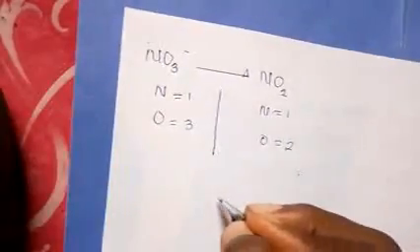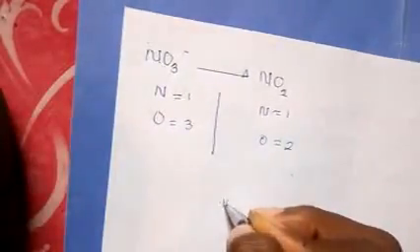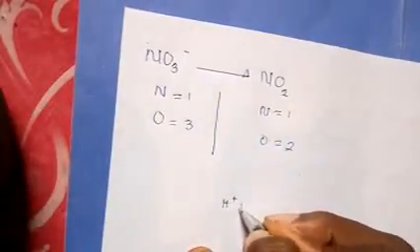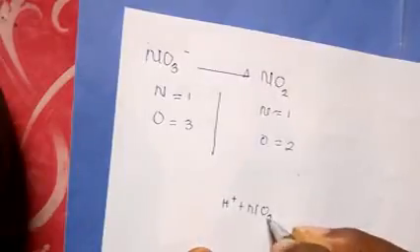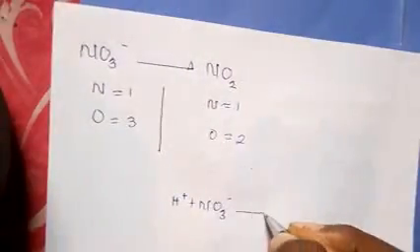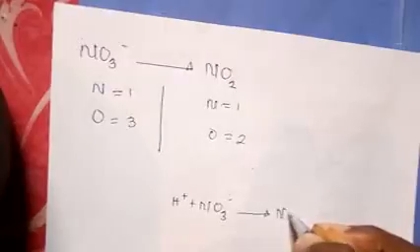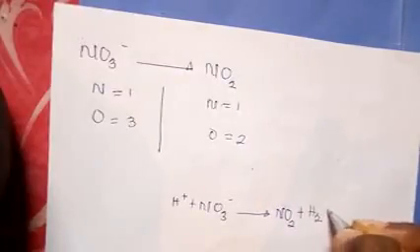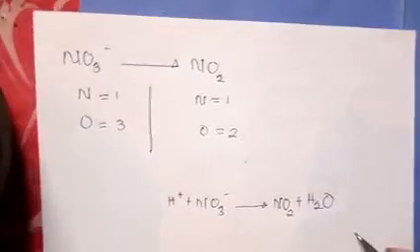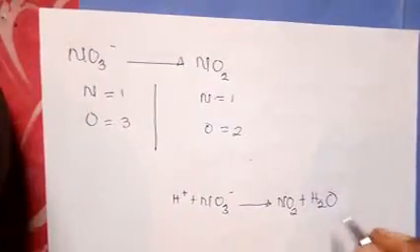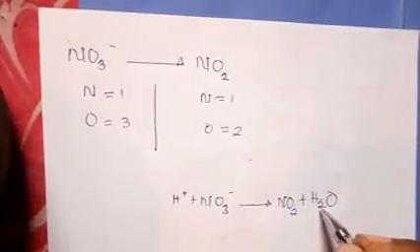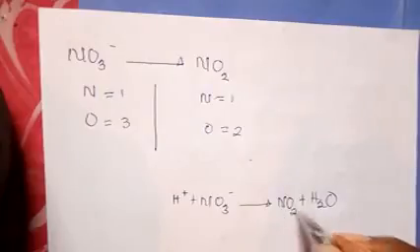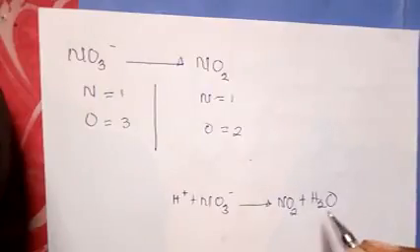So the equation will now be H plus plus NO3 minus to NO2 plus H2O. Now look at this. When you add H2O here, O here is 2, O here is 1, so 2 plus 1 is 3.